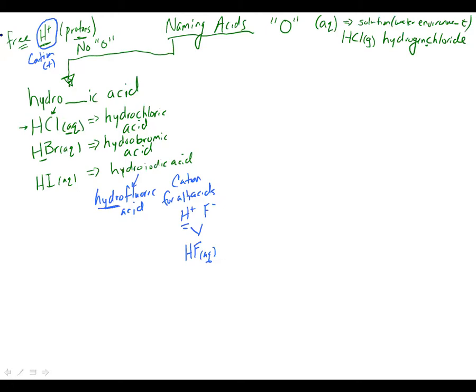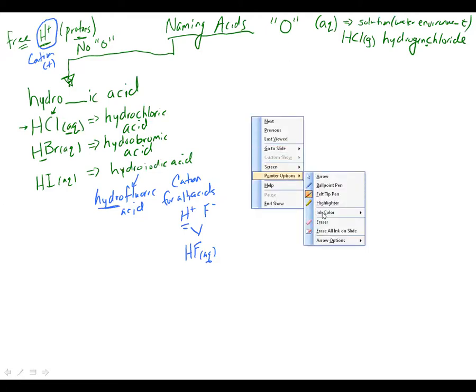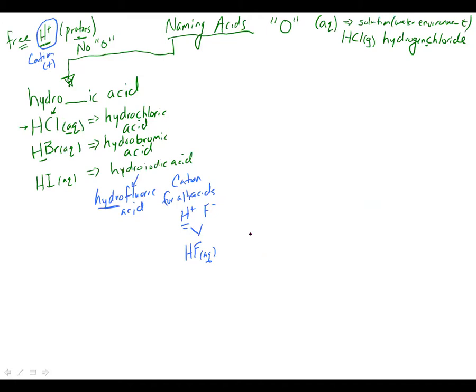All right, then let's talk about what happens if we do have oxygen involved. It's a little bit more complicated in terms of how you go about naming these. If the answer is yes to oxygen, you will probably have one of those polyatomic ions.